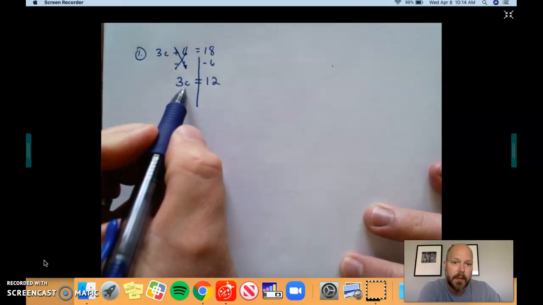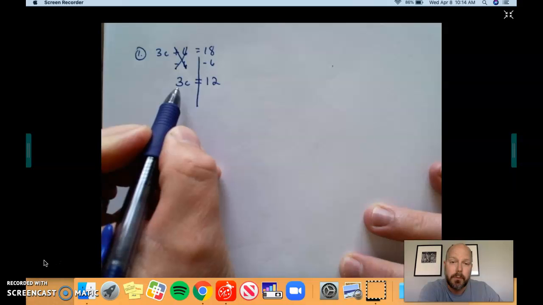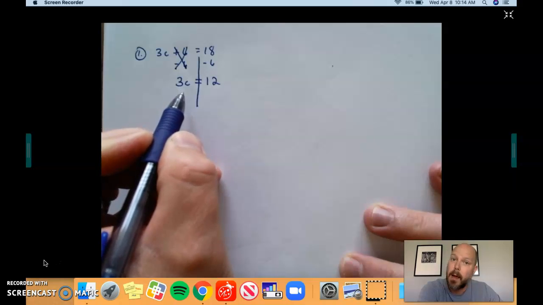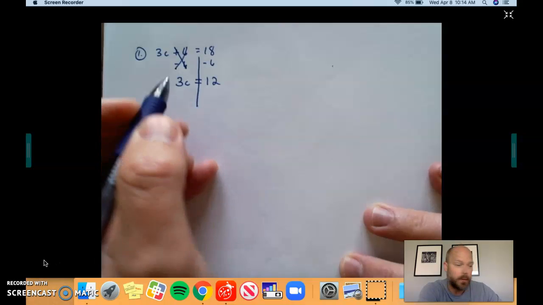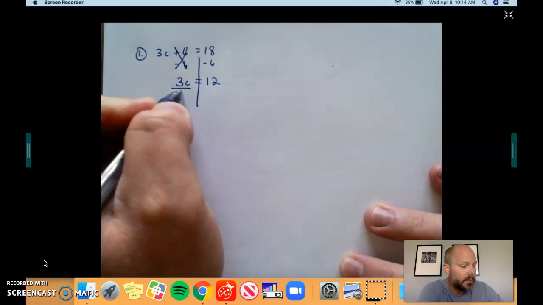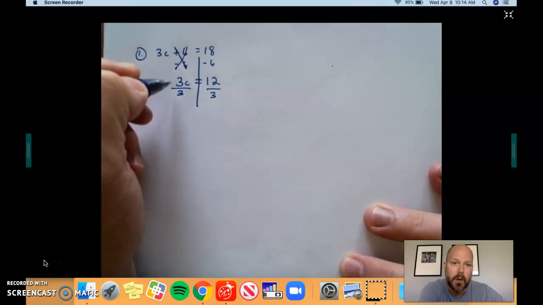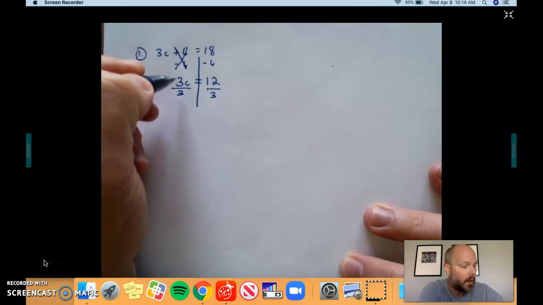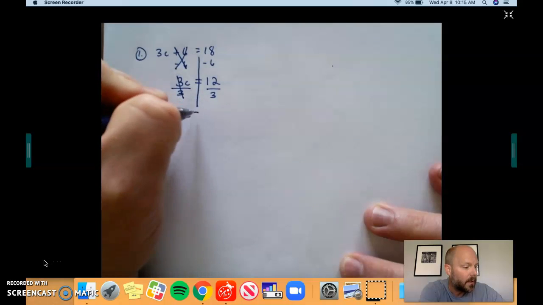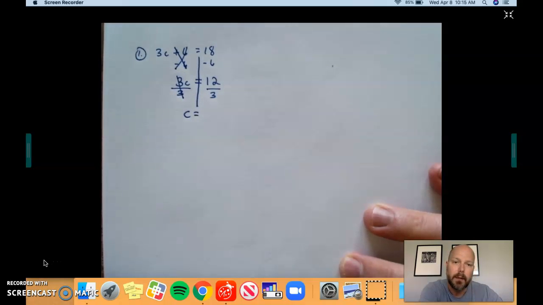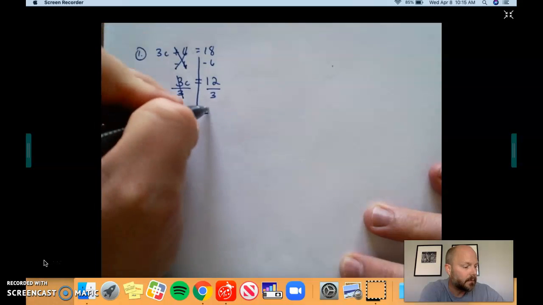I'm starting on the side with the variable. I have this 3 now that I need to get rid of. This 3 is being multiplied, so the opposite of times 3 is divide by 3. So divide by 3 on this side, divide by 3 on this side. These 3's go away because 3 divided by 3 is 1, and that's what we want, 1c. And 12 divided by 3 is 4.